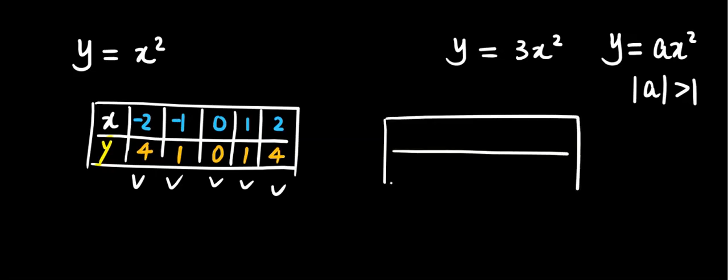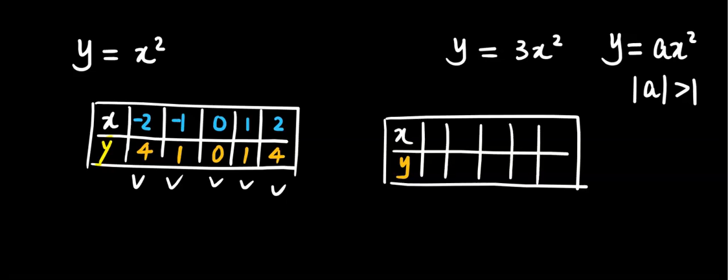And we're going to draw a little table. And we have our x and our y's. For the x, we continue to use -2, -1, 0, 1, 2. Now, earlier we already calculated y values is 4, 1, 0, 1, 4.